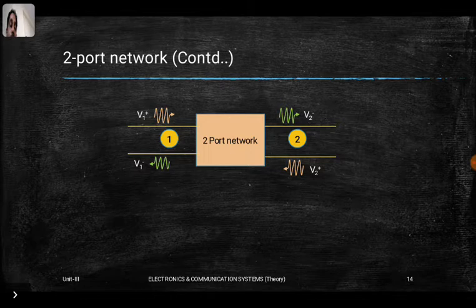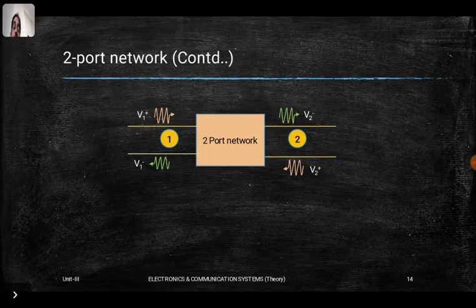You should be careful about the sign here. Whenever the incident voltage V1 plus is incident, it is transferred to the output as V2 minus. If you look at the second port, the wave at the second port is coming away from it. That is V2 minus, reflected from the second port.